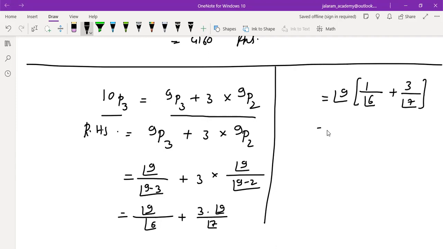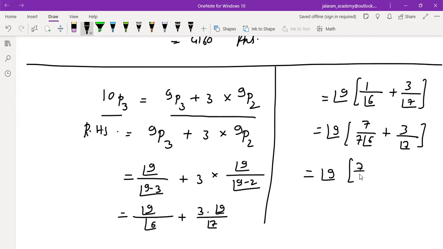Now in the numerator, 1 and 3 are there, and in the denominator, factorial 6 and factorial 7. To make this also factorial 7, we multiply numerator and denominator both by 7. So it is factorial 9 into 7 by factorial 7 plus 3 by factorial 7.